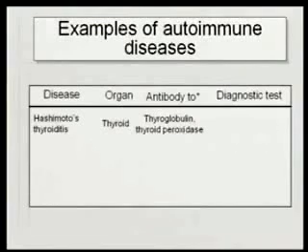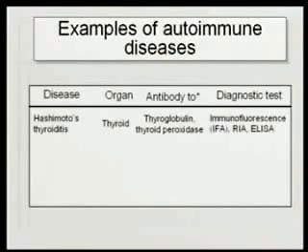Immunofluorescence. If it is a soluble antigen, what are you going to use? Either ELISA, radioimmunoassay, or passive hemagglutination, passive agglutination. Immunofluorescence and ELISA are the tests, and I want you to know that.